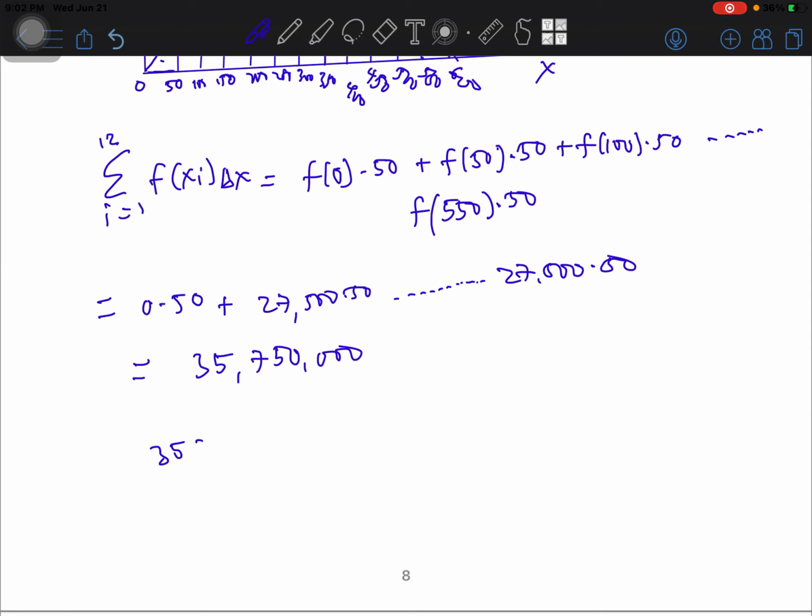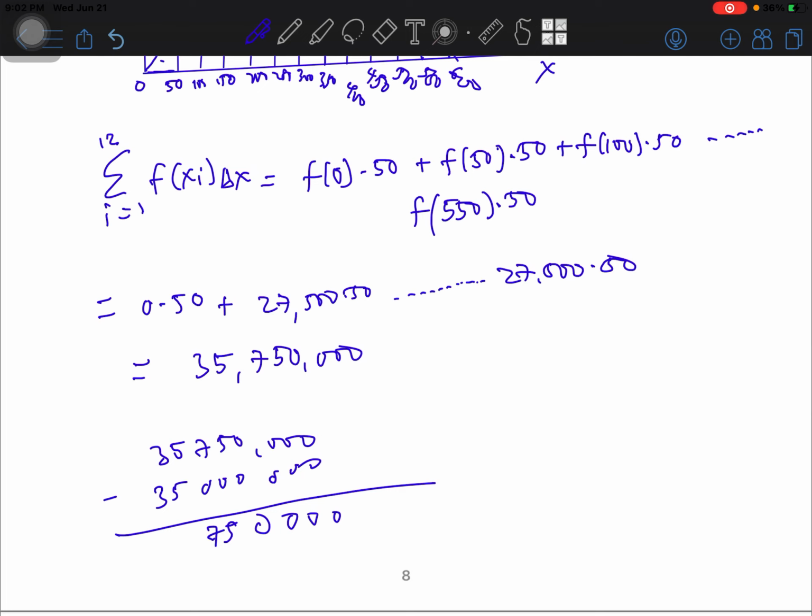and you can see that 35,000 minus 35 million, right? Here 0.00057.